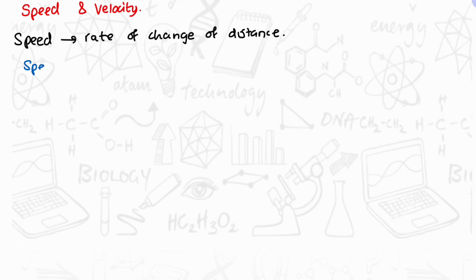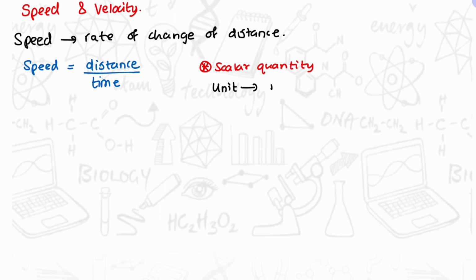We can write speed is equal to distance divided by time. And speed is a scalar quantity, and the SI unit will be meters per second.